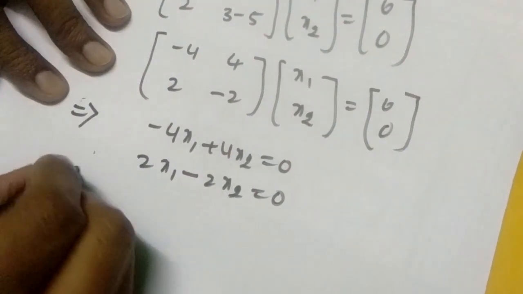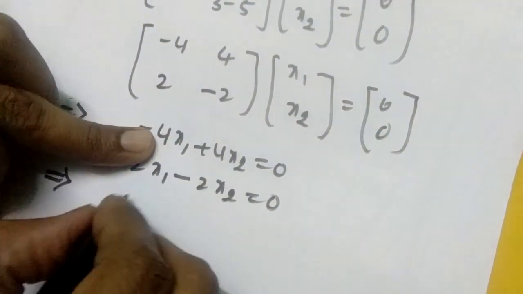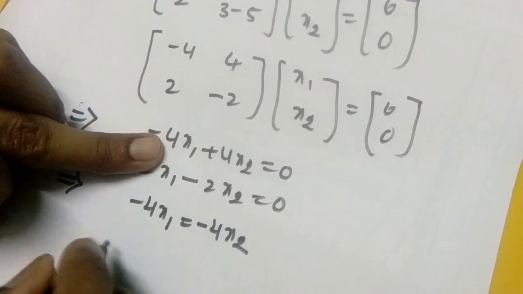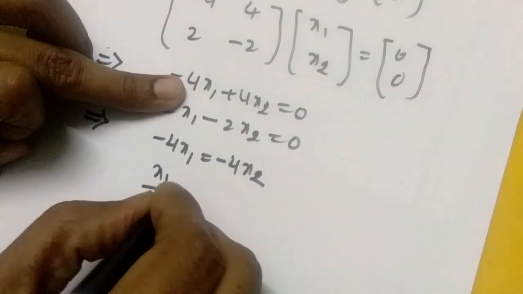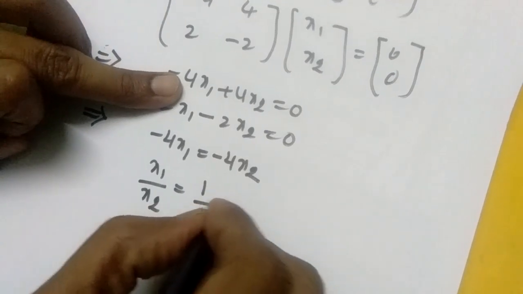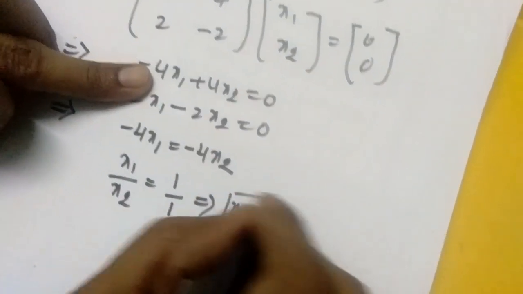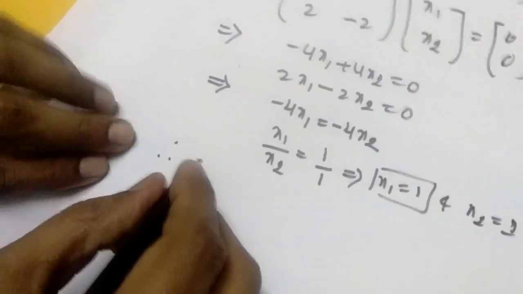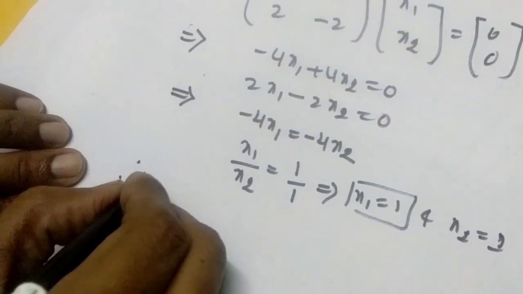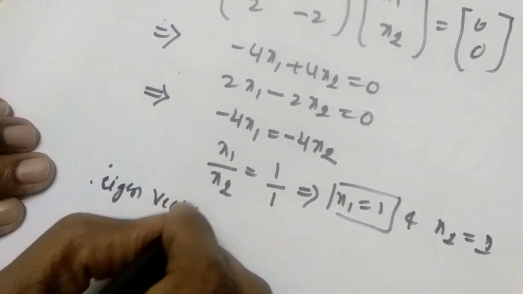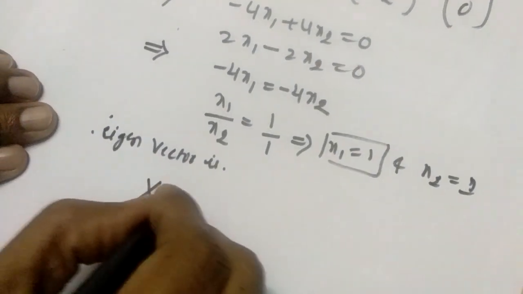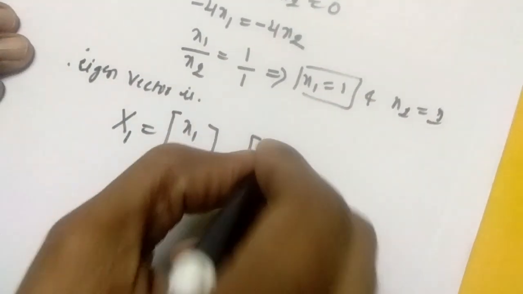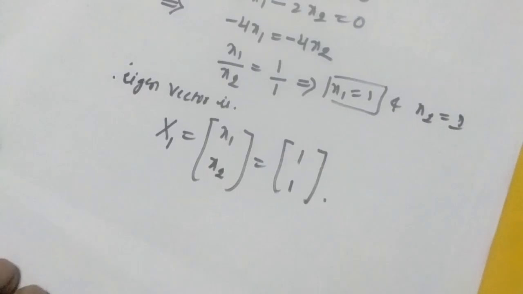You can take any one of the equations. I will take the first equation: minus 4x1 equal to minus 4x2, or x1 by x2 equal to 1 by 1. This implies x1 is equal to 1 and x2 is equal to 1. Therefore the first eigenvector is X1 equal to [1, 1]. This is your first eigenvector.